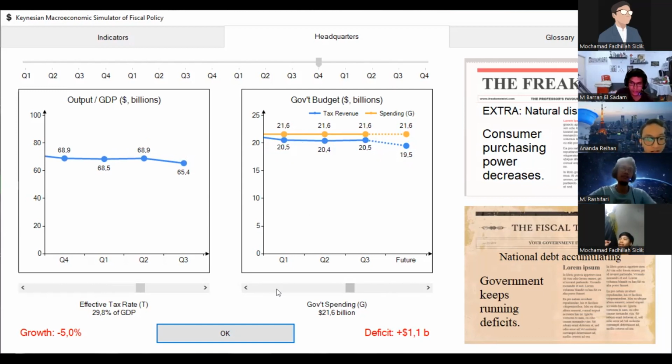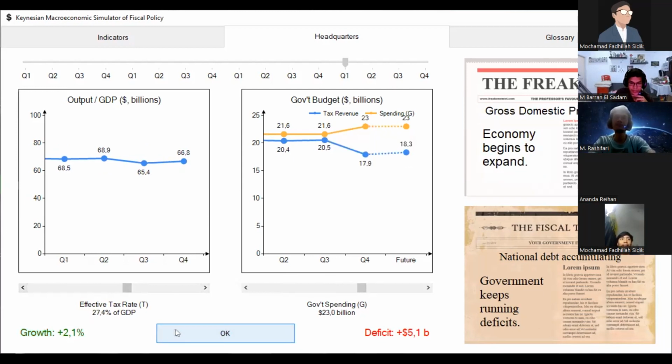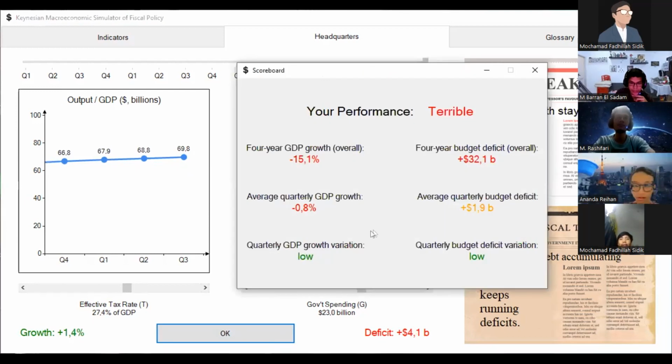Maybe Saddam has an opinion. I guess we should increase the government spending and decrease the tax rate. All right, let's try that. Well, all right.